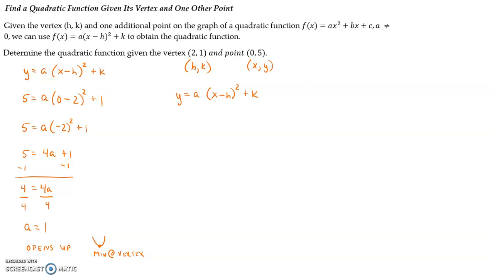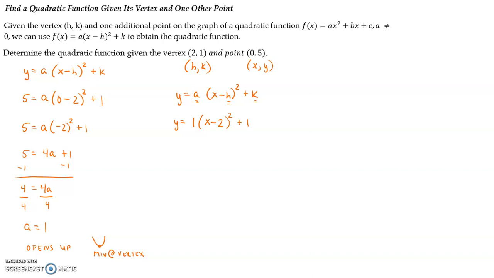So we're only going to be plugging in for these three pieces: our a value, the h value, and our k value. So let's plug those in. We've got y equals, our a value was a 1, x minus, my h value here is a 2, that whole quantity is squared, and our k value is a positive 1.